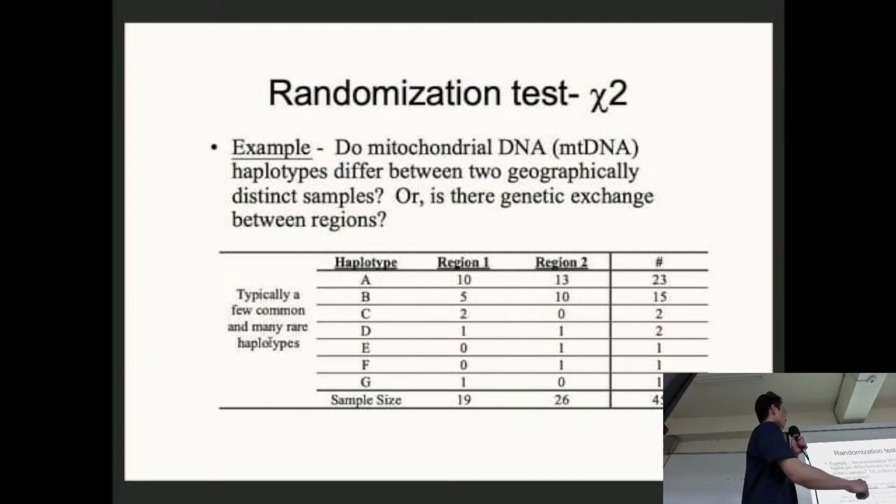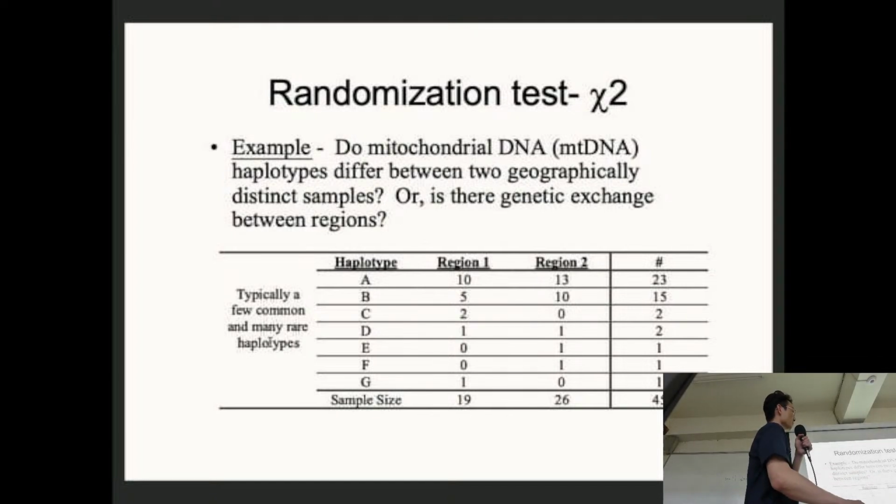Then you can recollect their data. If you randomly shuffle individuals and recollect the data, you generate a randomized version of this table.